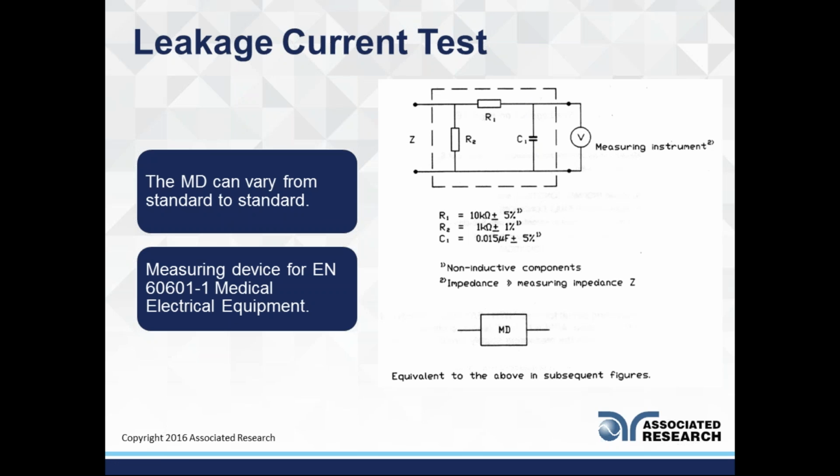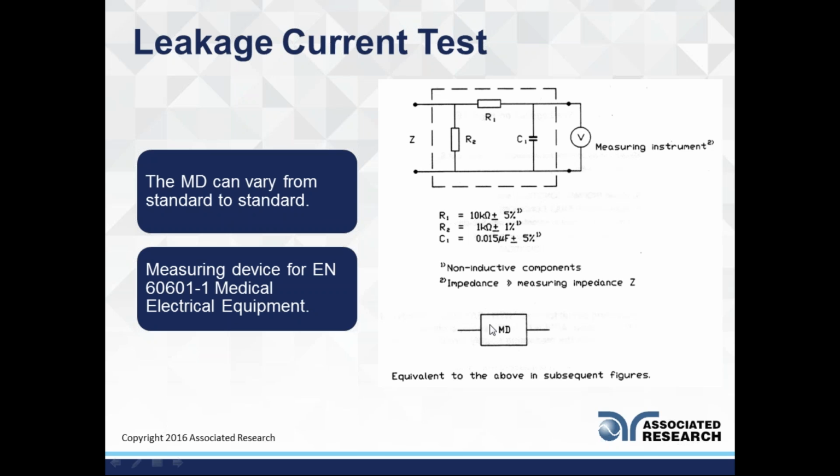It's just there to guarantee a certain resistance range that's simulating the human body impedance. So there's nothing really too technical about measuring devices, but the values that come across are very important, because that's what will be flowing to consumers or patients who are connected to your devices.